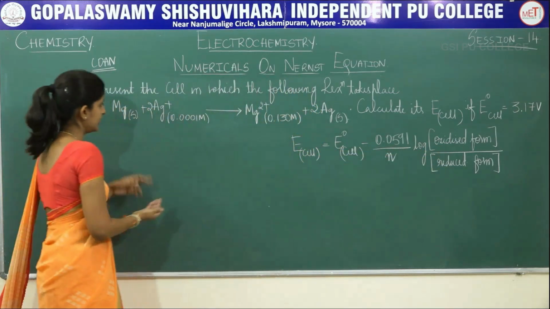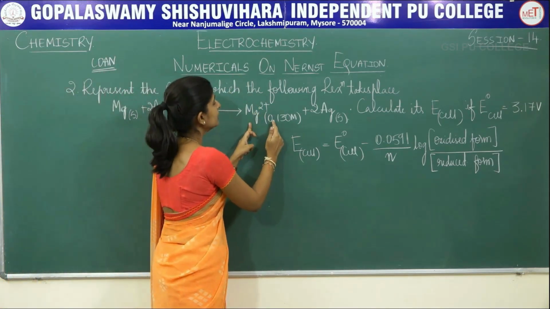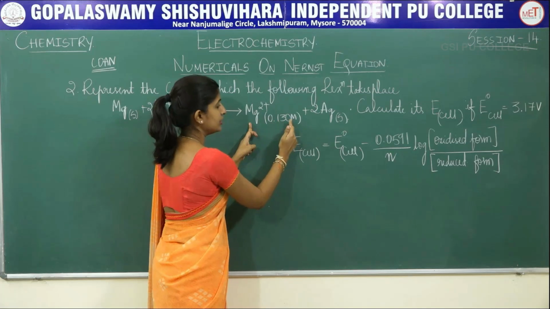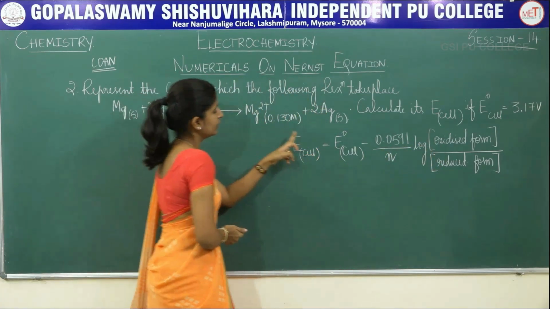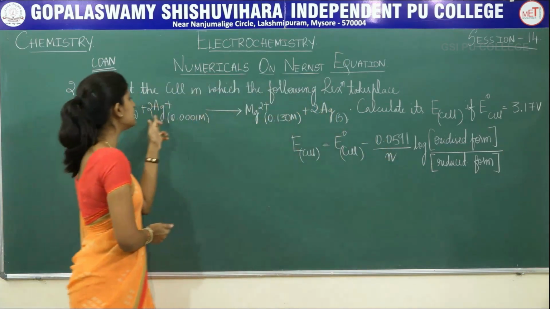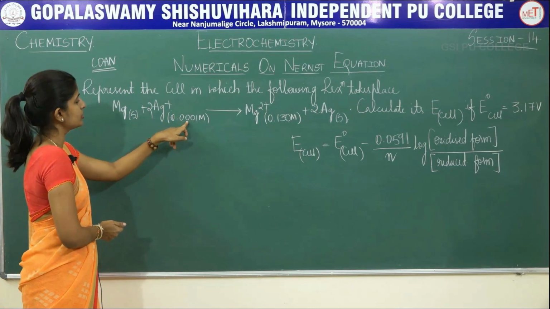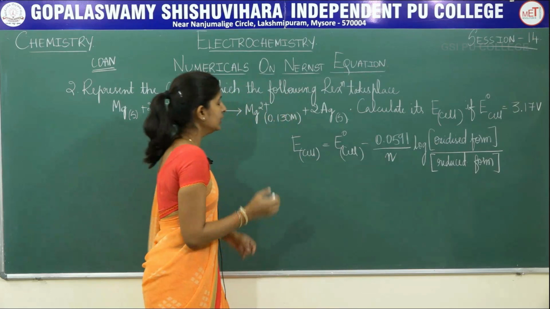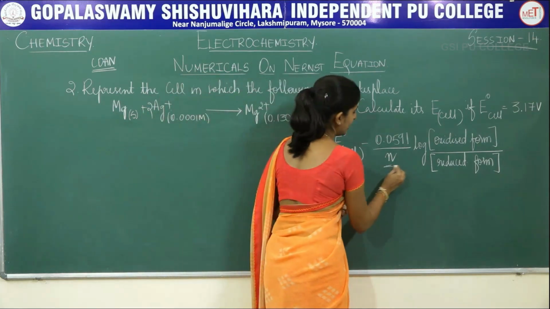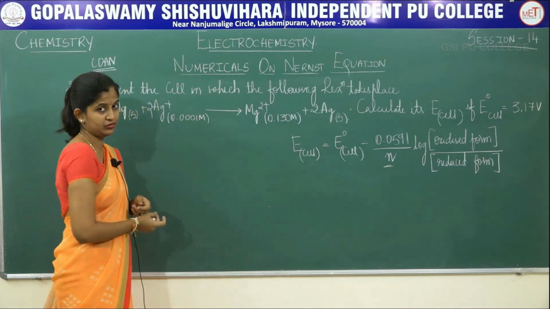Magnesium is undergoing oxidation. What is the concentration? It is 0.130 molar. This has been given in the problem itself. Reduced form, which is undergoing reduction, silver is undergoing reduction. What is the concentration? It is 0.0001 molar. So your denominator is also given. The only thing you have to calculate here is n, that is, the number of electrons transferred in this reaction. Very simple.